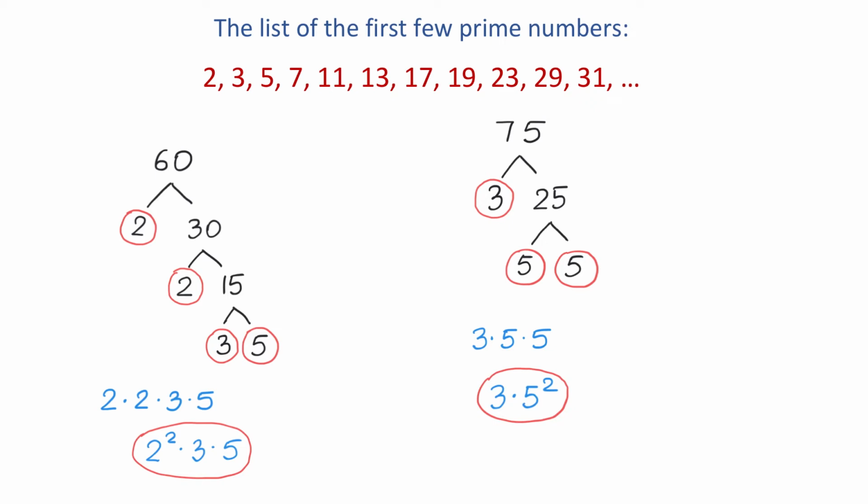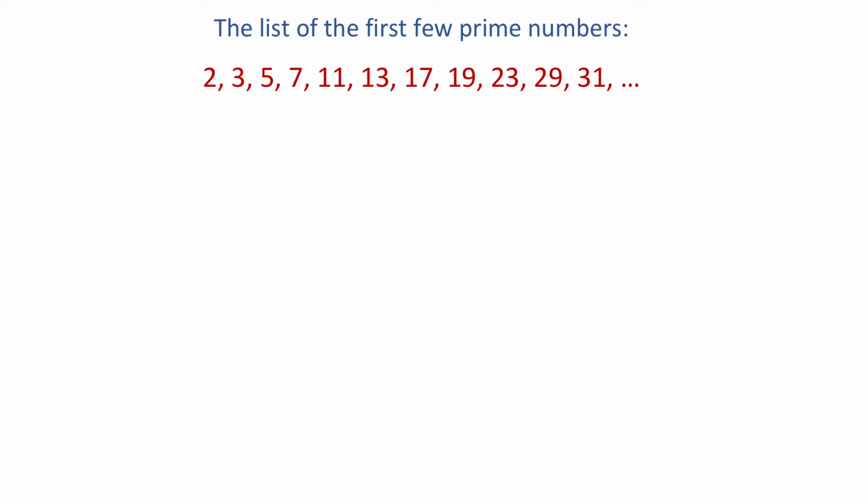Now let's see a few more examples. We will find the prime factorization of 198. Because this is an even number, we can divide it by 2, and 198 divided by 2 is 99. Now 99 is not divisible by 2, but is divisible by 3. And 99 divided by 3 is 33.